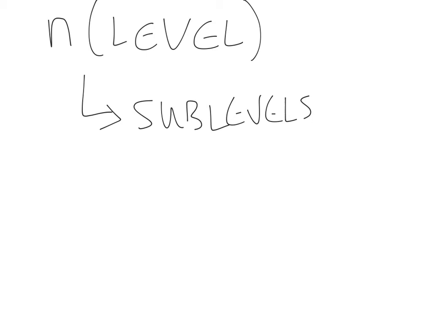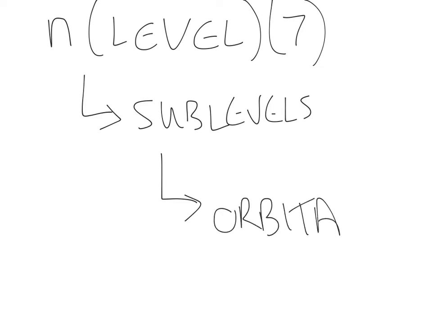And there are 7 levels possible for an element. Those sublevels are broken up into 4 different types, and those are broken up into orbitals. And so this is the hierarchy that we have going from level to sublevel to orbital.